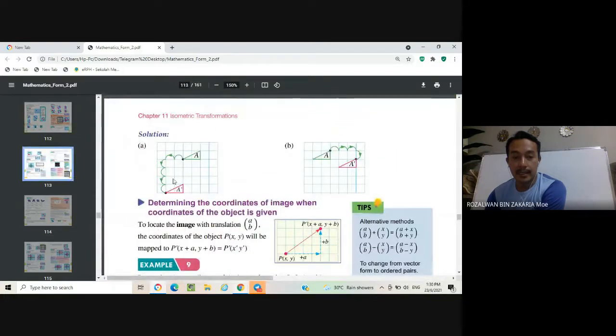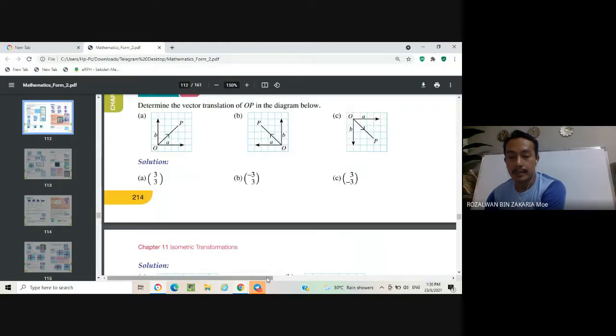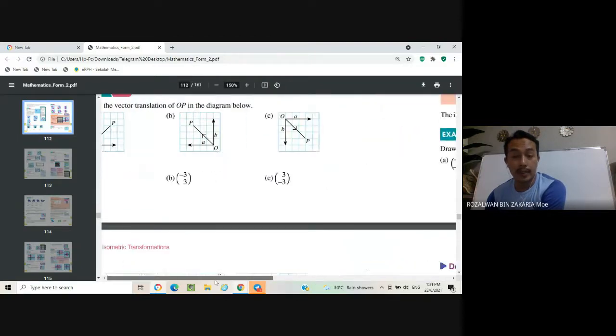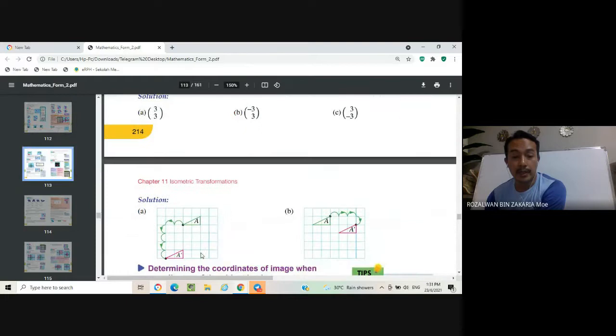The translation is (-2, -4). That means we fit this point here, the object here. The first movement is -2, so it moves 2 units to the left on the x-axis: 1, 2.